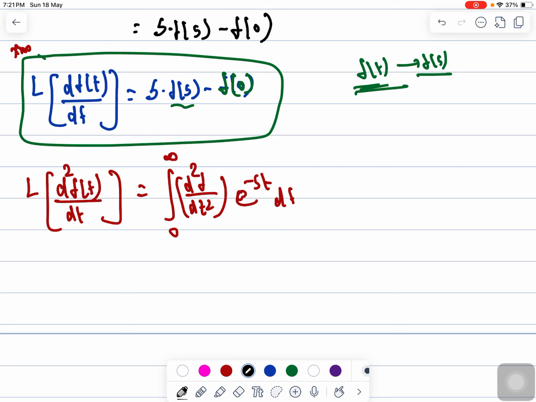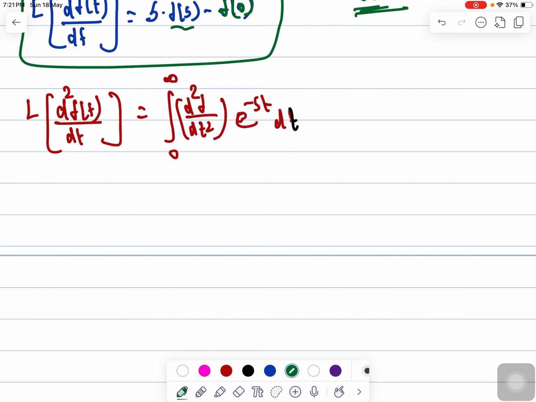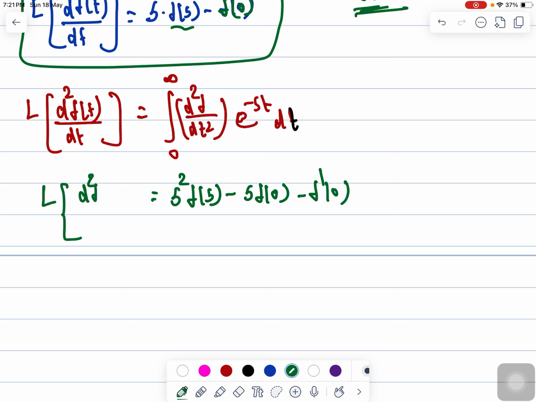The derivation would be a bit lengthy, which is not required here, so I am just going directly to the final result. You can directly write s square F(s) minus s f(0) minus f dash (0). So the Laplace transform of d2 f(t) by dt square will be this one. Is that clear?